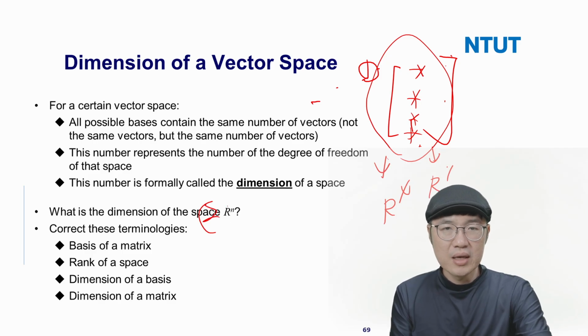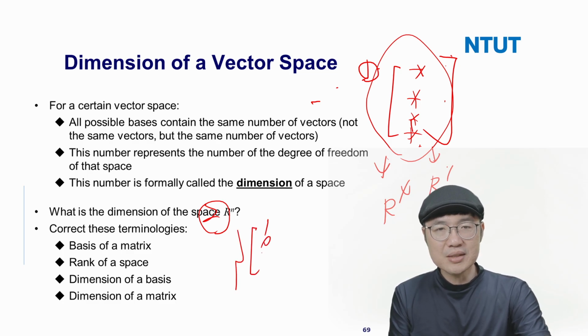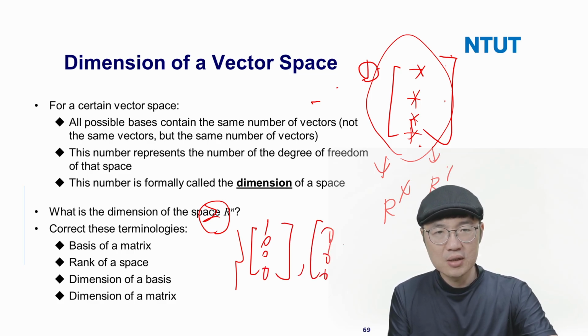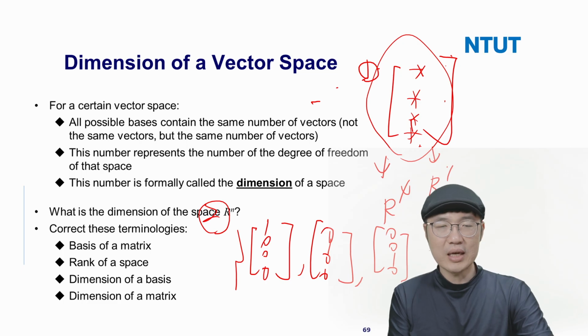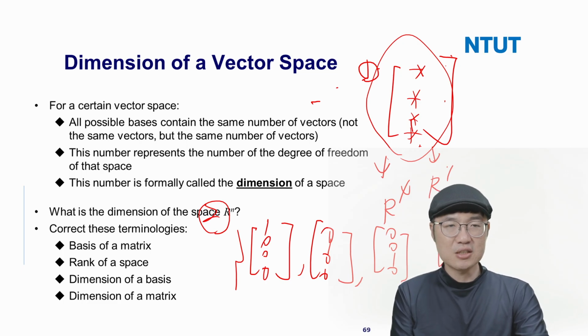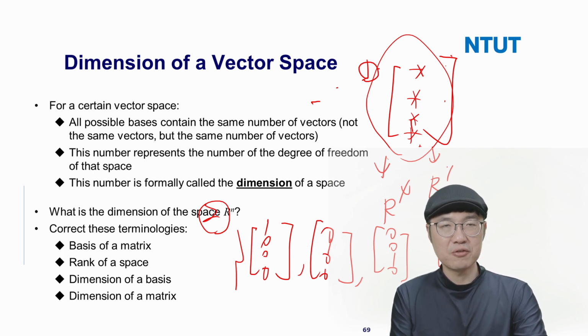But now, if your goal is to have the definition for R4, this means you must have 4 vectors and only 4 vectors, like this. It becomes the basis for R4 because every vector can be found as a linear combination of them.